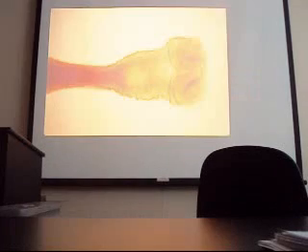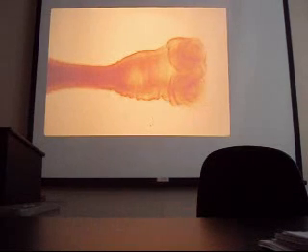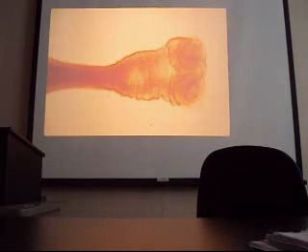Scolex. What are these things? Okay. Suckers. This top portion is the rostellum. And this is unarmed. It is a Taenia. So which Taenia is it?